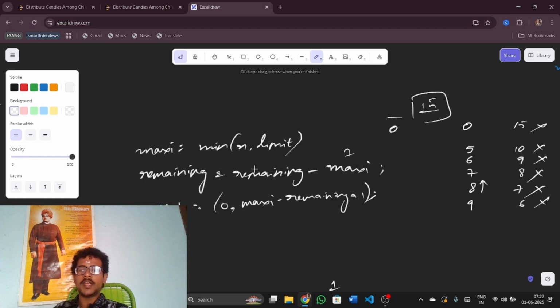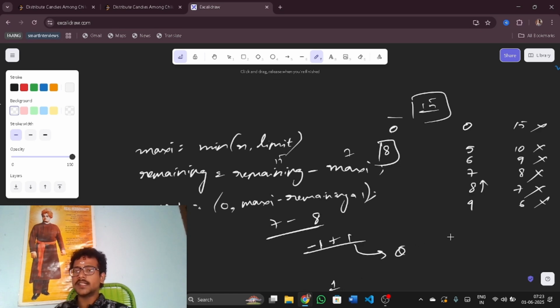So remaining are 15. 15 minus 7 is 8. Now if you see remaining is 8 and the maxi is 7. 7 minus 8 is minus 1, plus 1 which is giving me 0. And there are possible cases that this can go to a negative value.